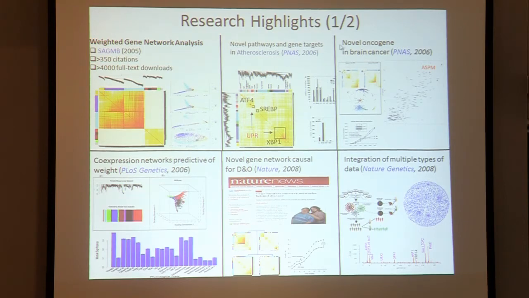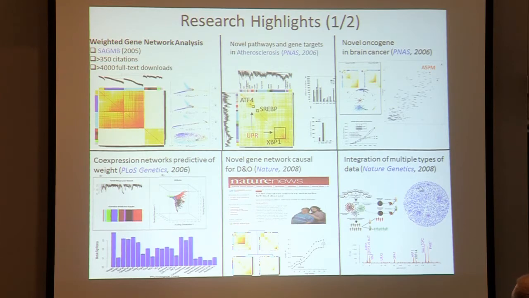Both papers have been cited maybe 200 or 300 times. Then in 2008, we published two companion papers in Nature. The basic idea is to use the co-expression network first to identify the modules most highly correlated with obesity and diabetes traits, like BMI.